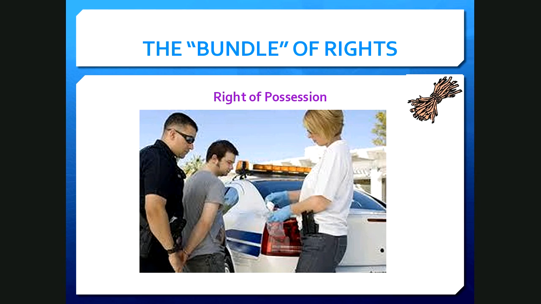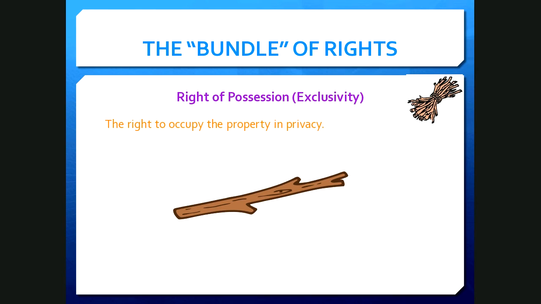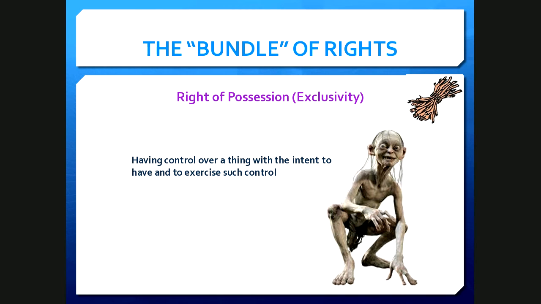No. When we talk about the right of possession, we're talking about the right to occupy the property in privacy or exclusivity, right? This is what we're talking about when we're talking about possession. Your book defines possession as having control over a thing with the intent to have and to exercise such control.